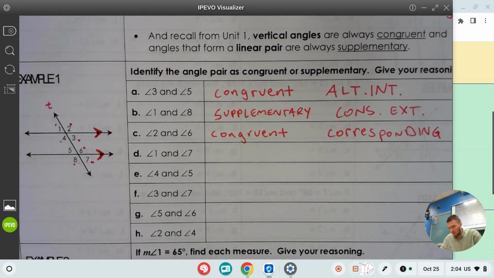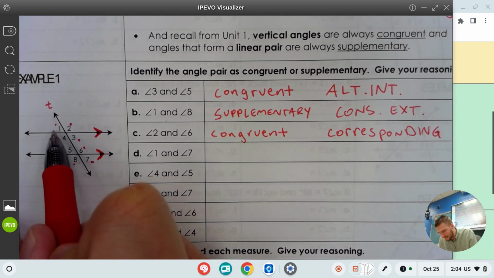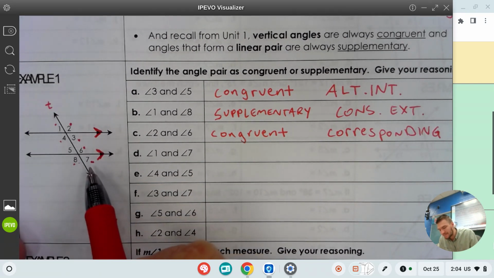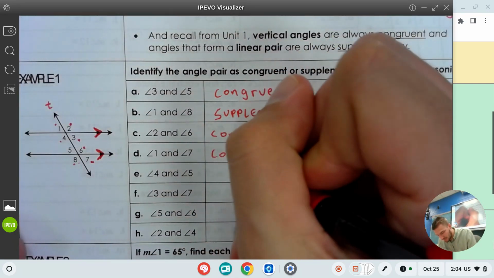All right, you guys help me out. 1 and 7. What do you think about 1 and 7? Congruent, supplementary? I heard 2 different answers. I see that 1's looking acute. 7 is also looking acute. And so we're going with congruent.